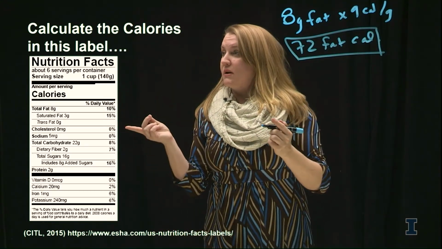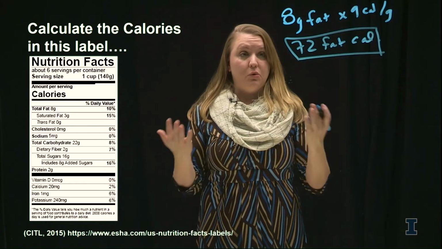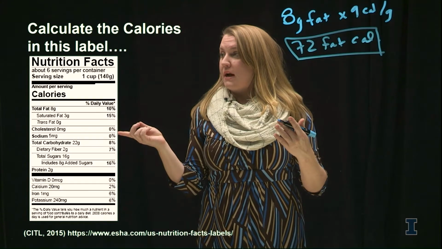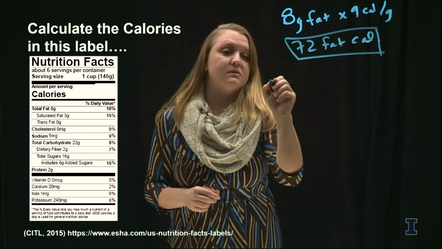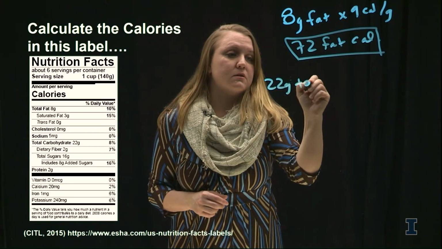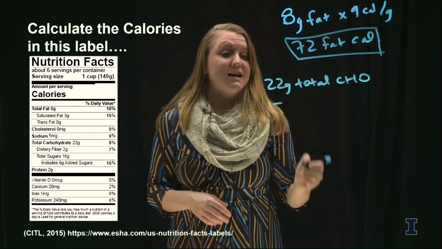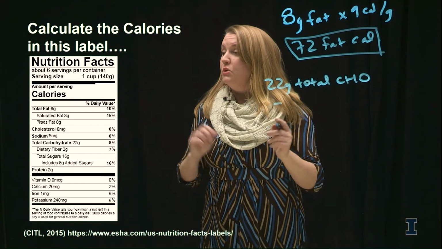Next, if we look here, we want to find out how many calories are from total carbohydrates that are digestible. So we can take the total carbohydrate gram, which is 22 grams of total carbohydrate, but what we need to do here is subtract out the indigestible carbohydrate, which is our fiber.